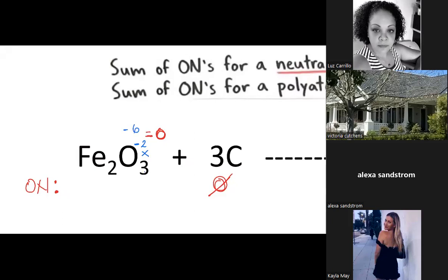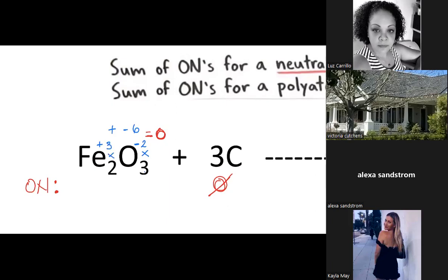Okay. Now, when I add the value of my cation that I have to multiply by 2, when I add it to the sum of the oxidation numbers in oxygen, it has to equal 0. So what is most likely the oxidation number of that iron? Excellent job, +3.